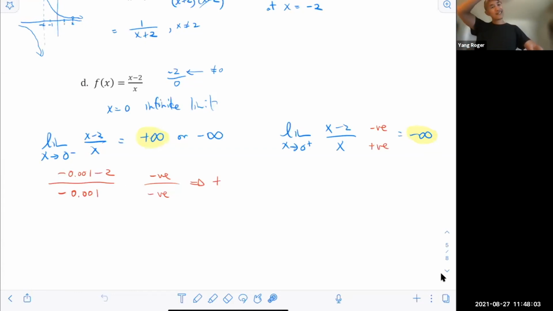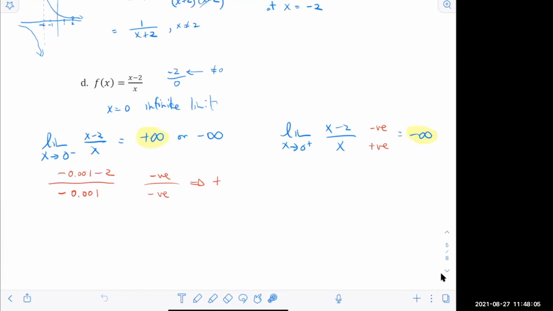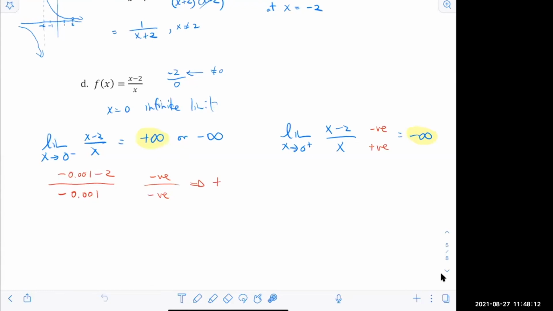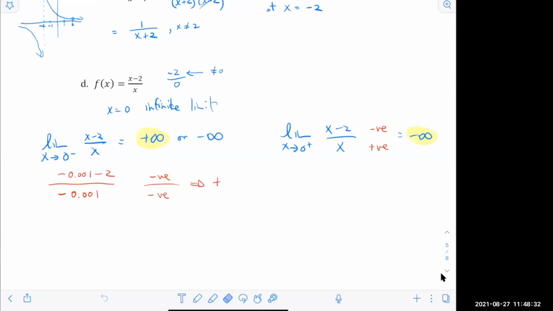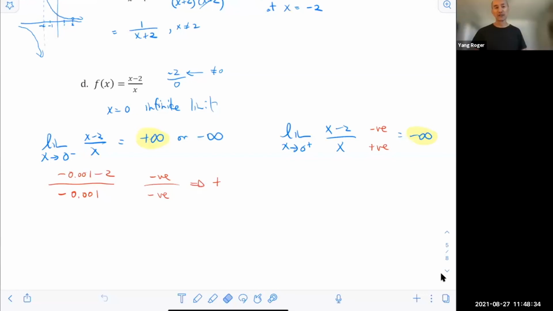Professor? Yep. For D, when we try the limit as x comes to positive 0, if we try the number 5, 5 is not close to 0. 5 is really far from 0. That's a great question. You need to plug in numbers that are very close to where you're going, not kind of close.